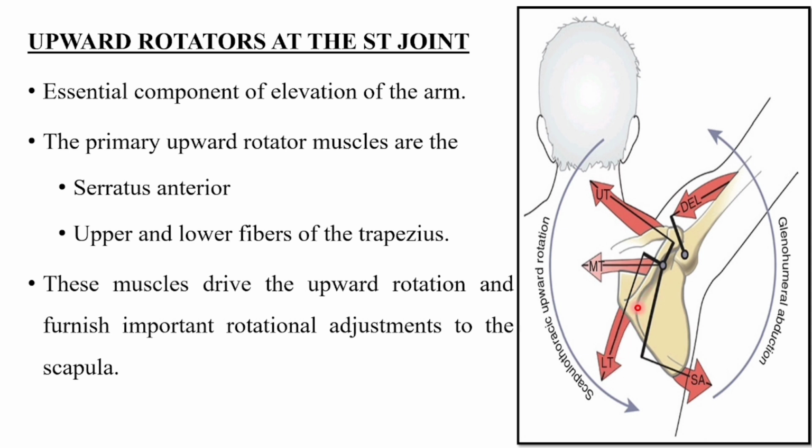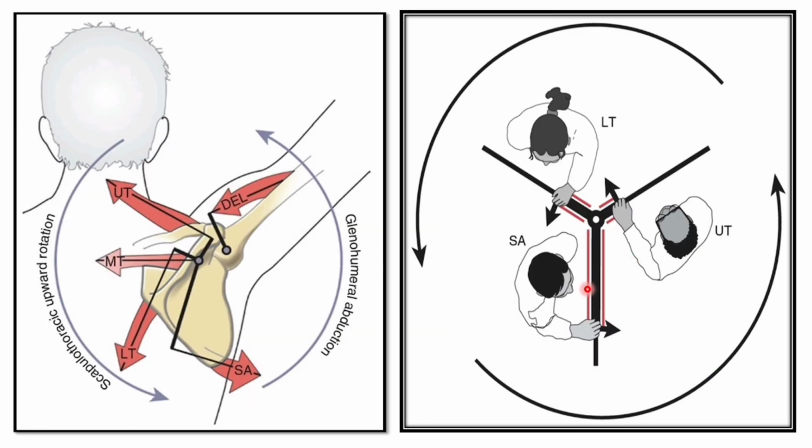Lower trapezius also upwardly rotates the scapula by its inferior and medial pull on the root of the spine of the scapula, thereby producing an upward rotation.